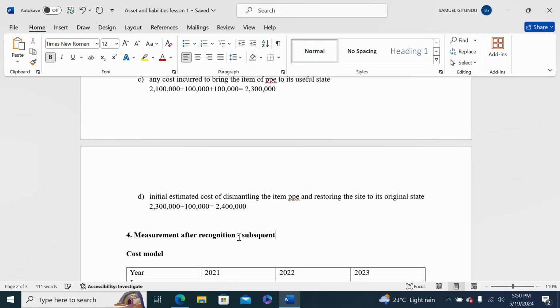It is also called subsequent measurement.